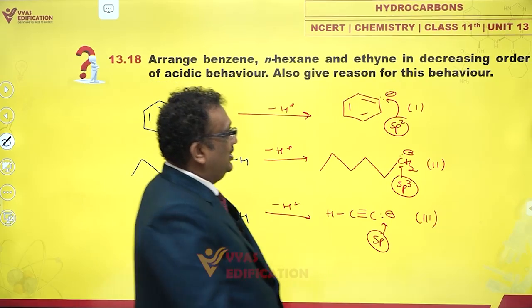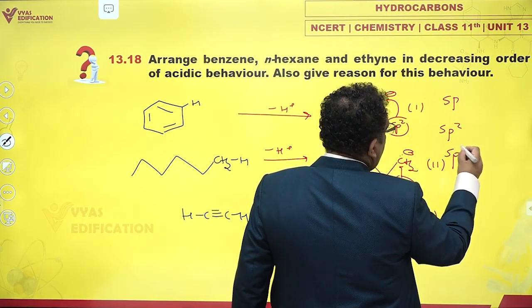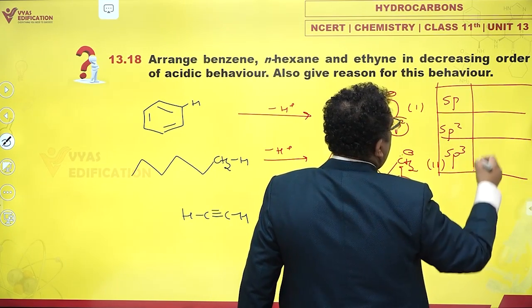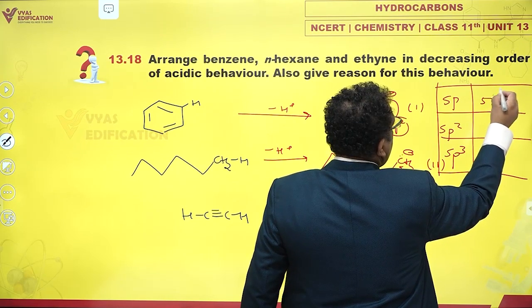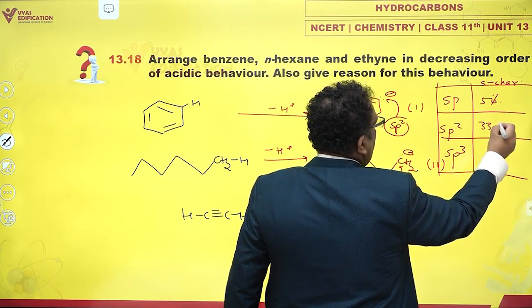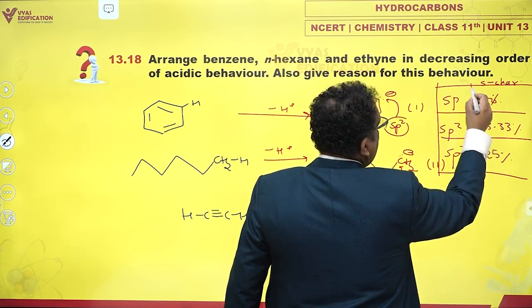So please note, an sp, sp2 or sp3 orbital, I'll just draw a small chart. sp orbital has 50% s character. sp2 has 33.33%, and sp3 has only 25% s character.